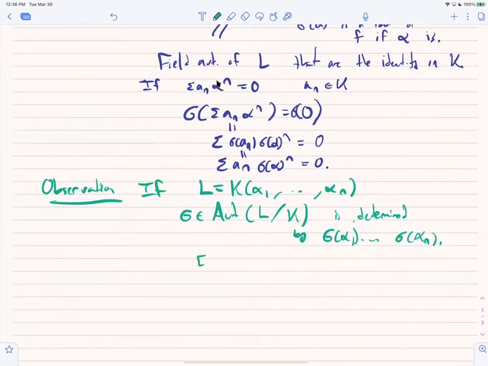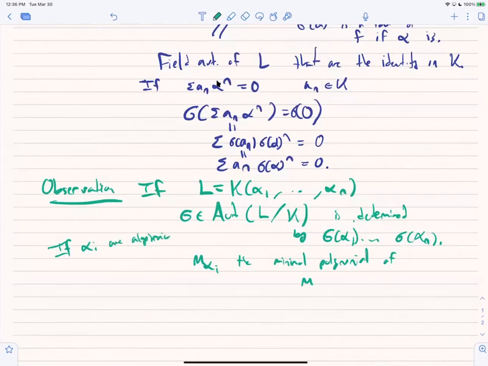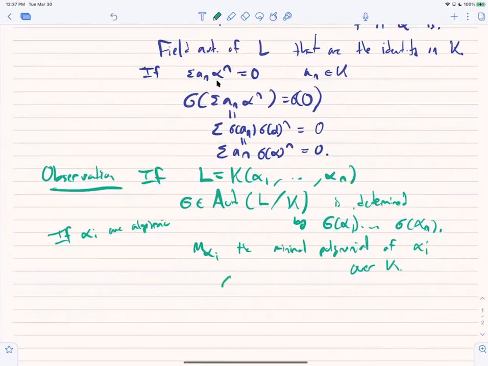If I denote by m_alpha_i the minimal polynomial of alpha_i over K, where the alpha_i are algebraic, then sigma(alpha_i) has to be contained in the roots of m_alpha_i in L.